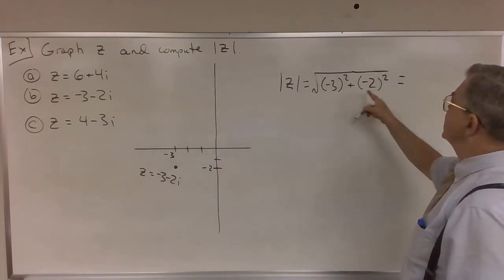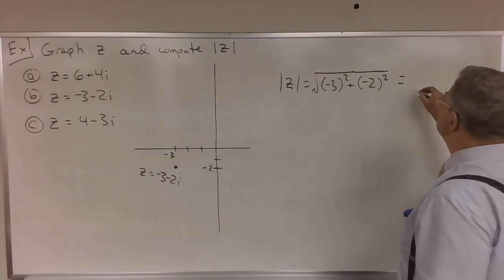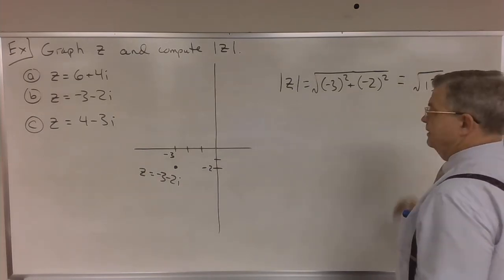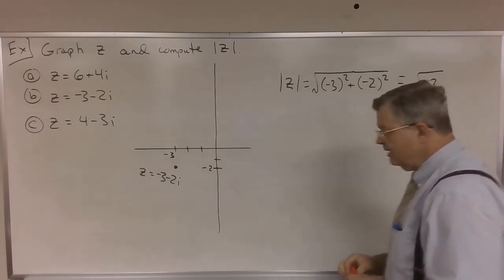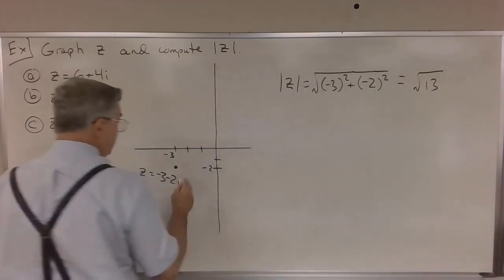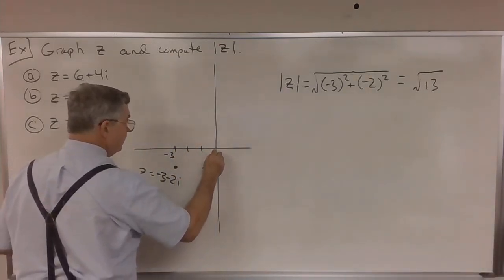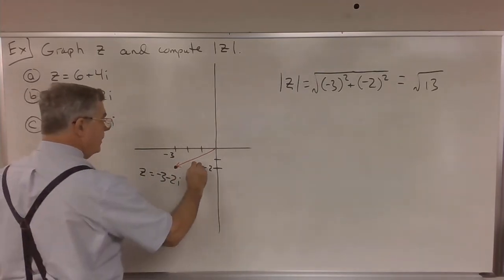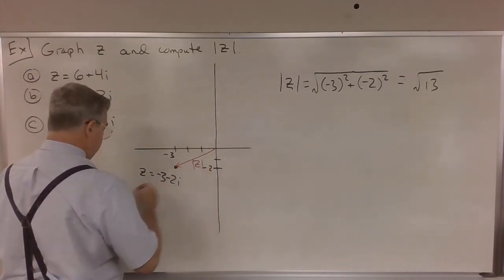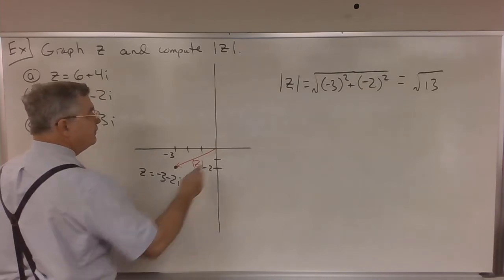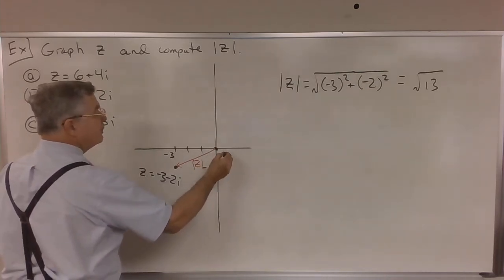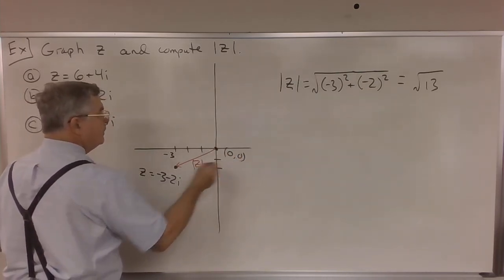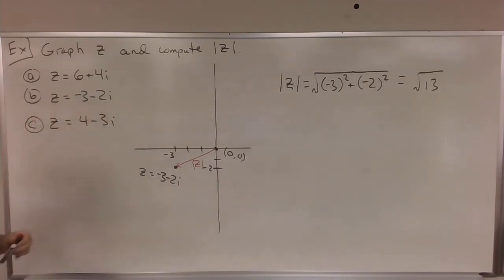So let's see, 9 plus 4 is 13, square root of 13. So here's our modulus z. And it's a distance of square root of 13, or a little bit more than 3 units from the origin.